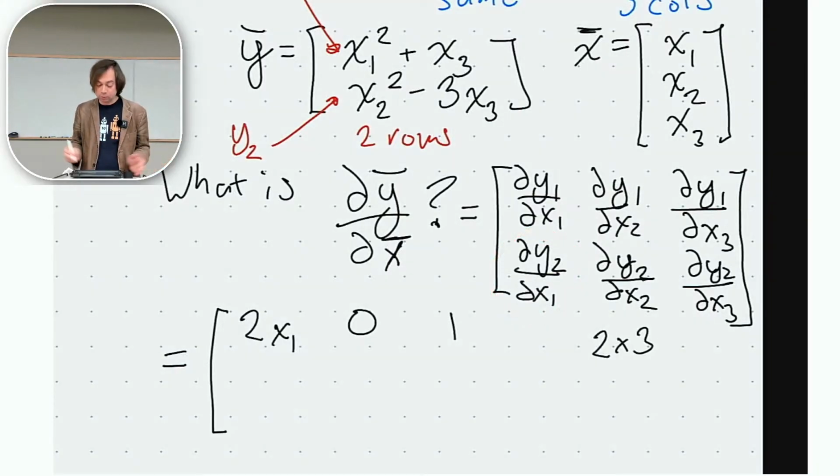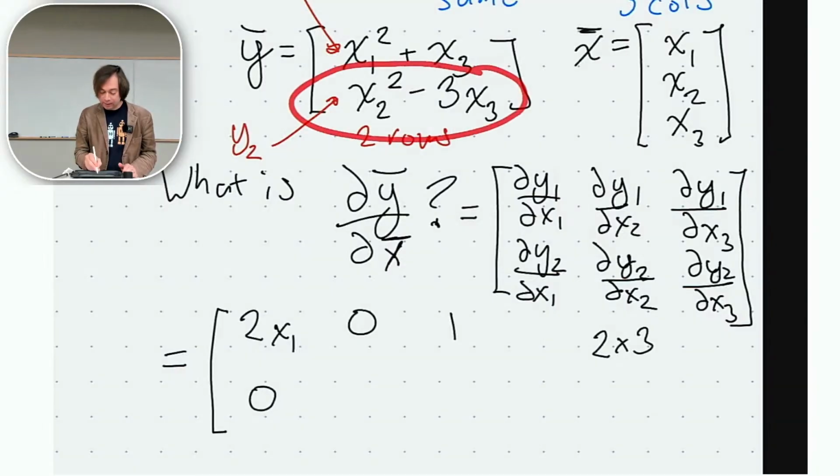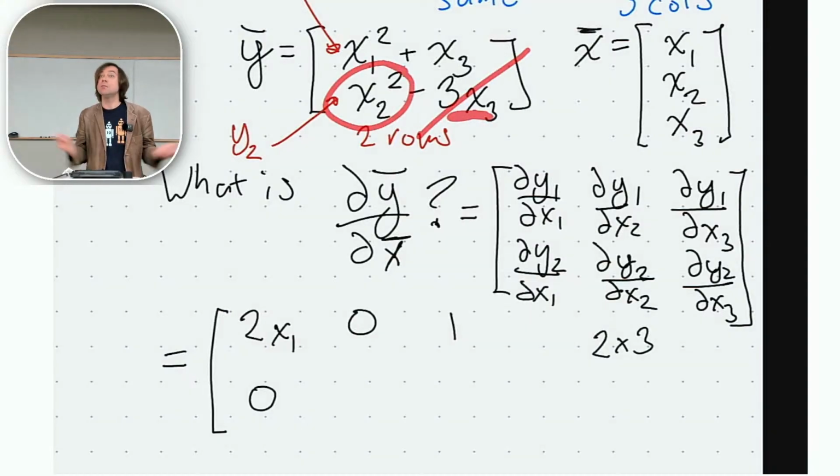Partial y2. So we got to go up here, and then partial x1. Well, I don't see any x1s. 0, my friends. Partial y2, partial x2. I see an x2. This is a constant, so that goes to 0. So it's going to be 2 times x2.